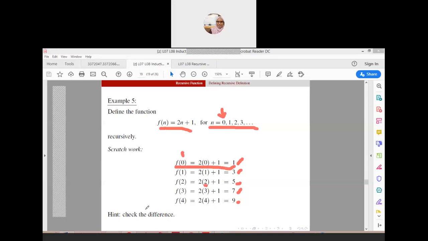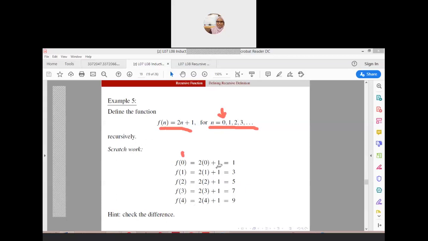Here what you have to know is how to create the recursive rule. The recursive rule, we can get the idea from these values. If you don't get the pattern yet, you can find f(5), f(6), f(7), it depends.